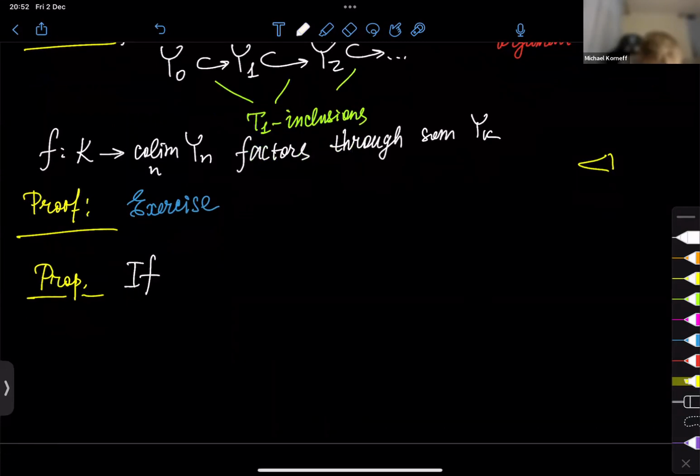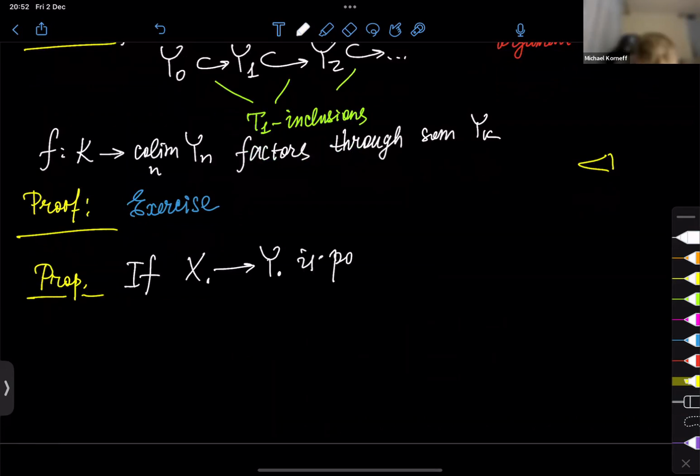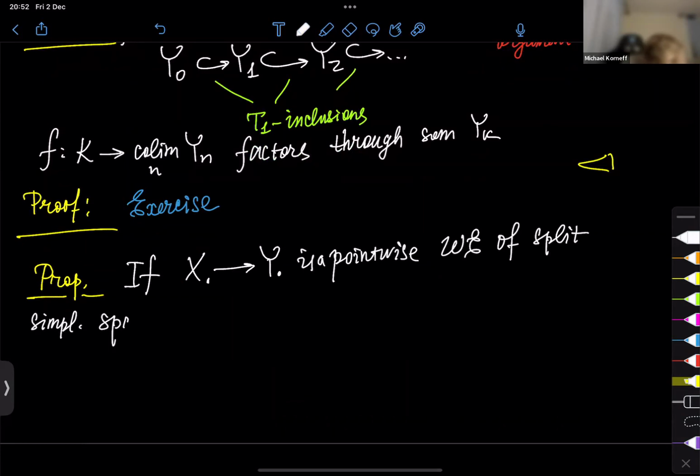If the map between simplicial objects is a pointwise weak equivalence of split simplicial spaces, then the map between the realizations is a weak equivalence.